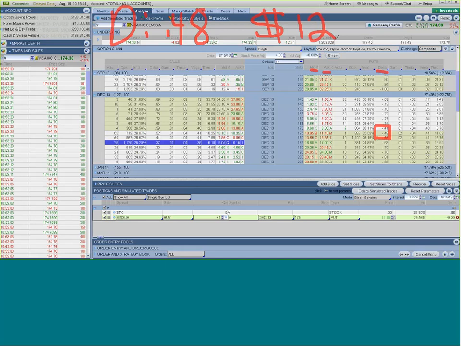And this is actually how you do the math. $12 divided by a $1,100 option, that's about 109% return on investment.